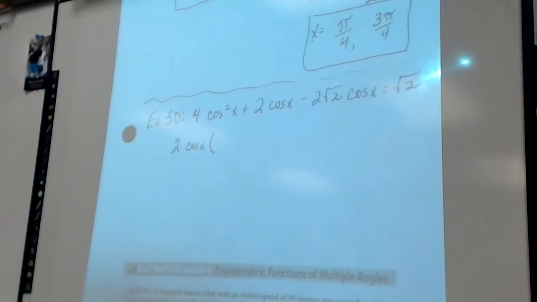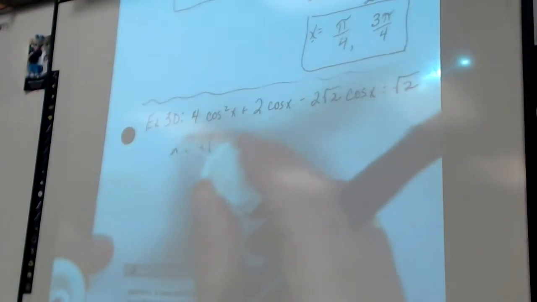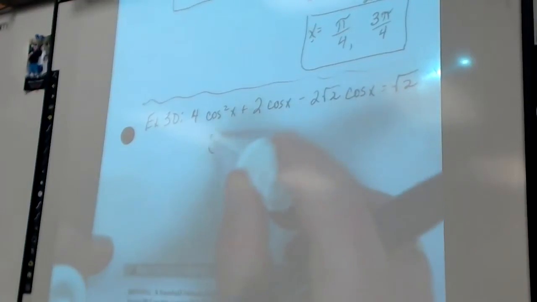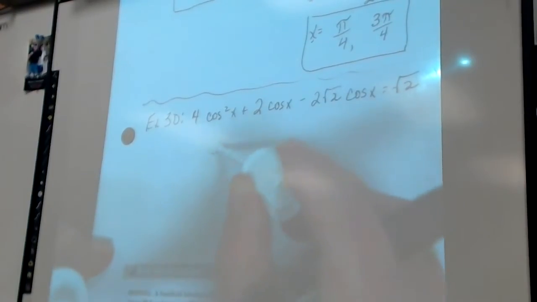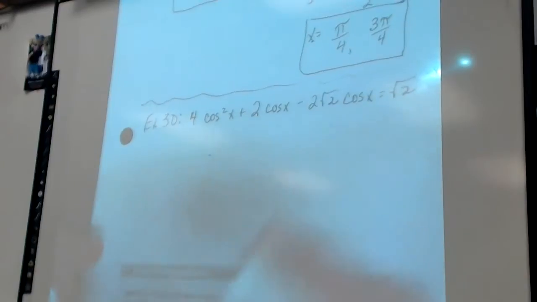And then we factor by grouping. We're going to need that other term in there so that we can factor it, because it needs to be set equal to 0 before you factor it. Anytime you factor, you set it equal to 0. Thank you, Bailey.